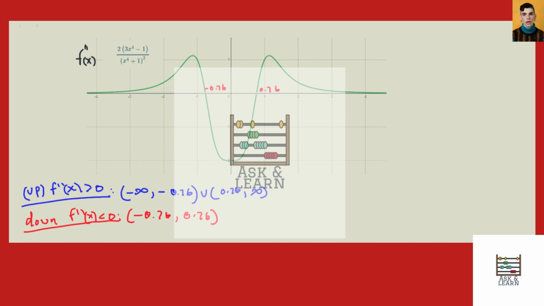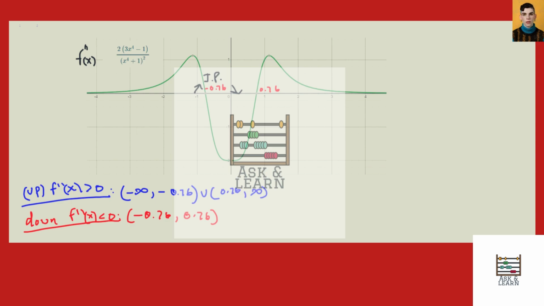Now to find points of inflection, we need to see that there is a change in concavity. So to the right of our first x-intercept, it is going to be concave up and to the left of it is going to be concave down. So we do have a change of concavity there. So that will be a point of inflection.